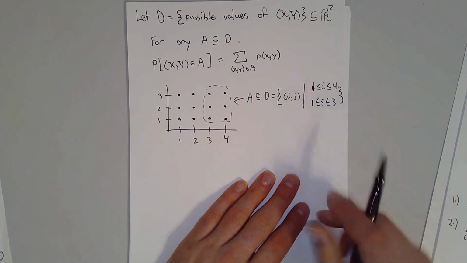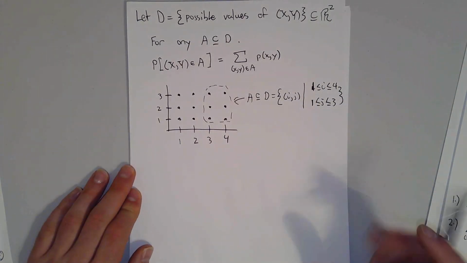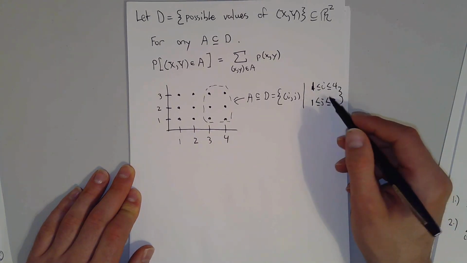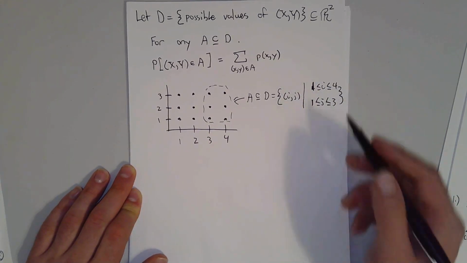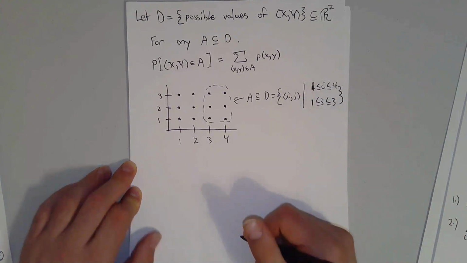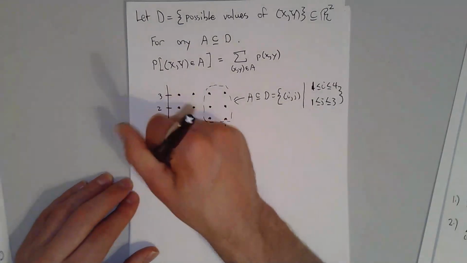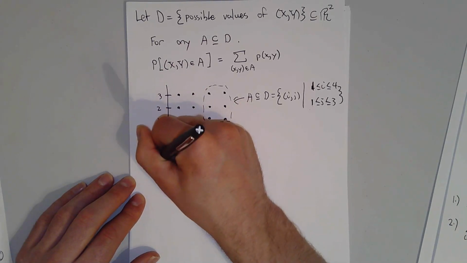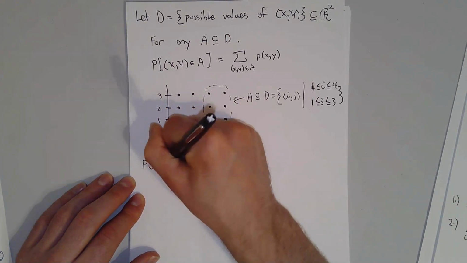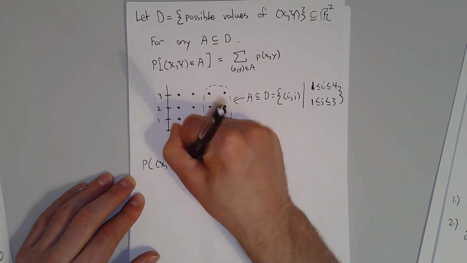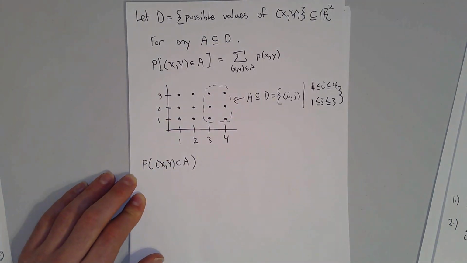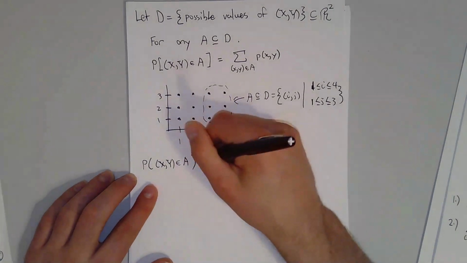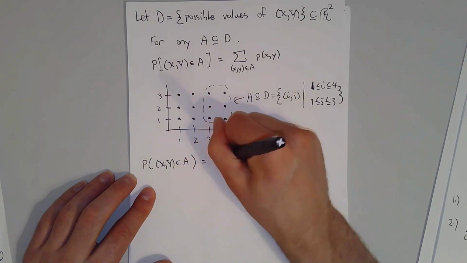Again, i and j are integer values, where i falls between 1 and 4, and j falls between 1 and 3. Both of these inclusive, meaning that it can be the endpoints. And so the probability that capital X comma Y is an element of our set A here will be expressed as the following double sum.